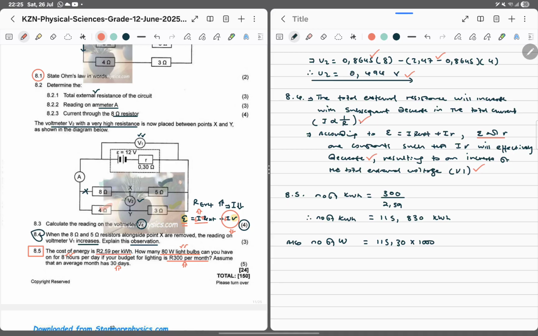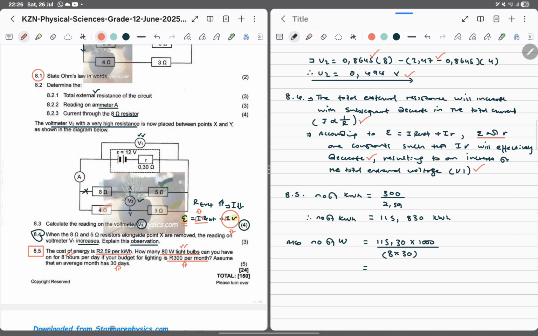Because from watts to kilowatts we divide, but now from kilowatts to watts we multiply by 1,000, and then we divide this by 8 hours every day. So this is going to be 8 times 30. So we multiply that by 1,000, and then we divide this by 8 times 30.